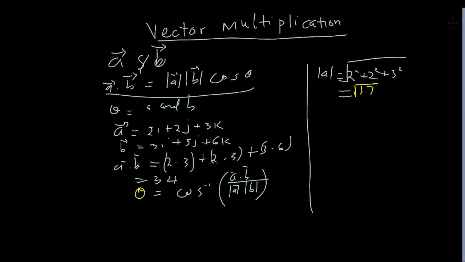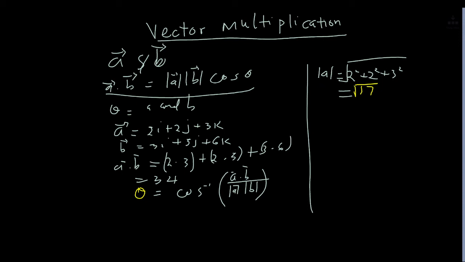Then to find theta, we take the cosine inverse of vector A dot B divided by the magnitude of vector A multiplied by the magnitude of vector B. To find the magnitude of vector A, we square the elements of the vector, then find the square root.